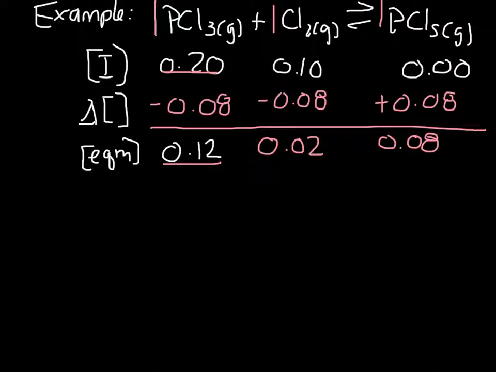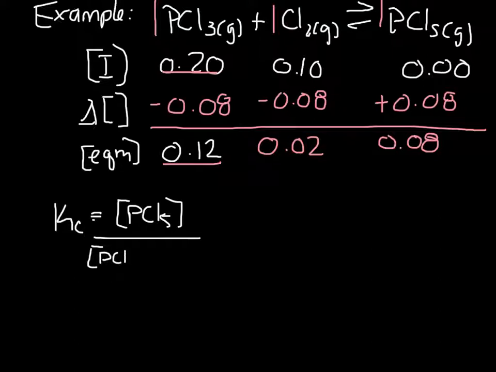That being said, now we need to plug all this information into our equilibrium expression. So Kc equals our product, PCl5, over our reactants, PCl3 times Cl2.